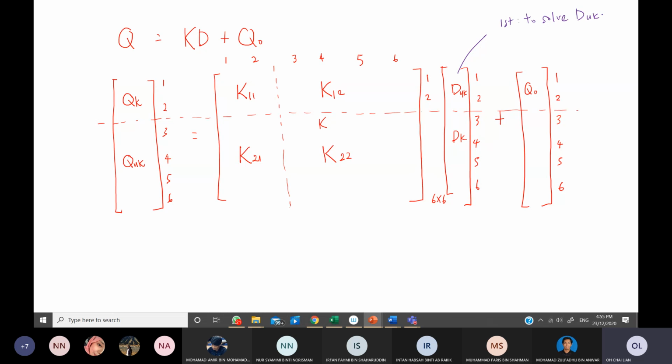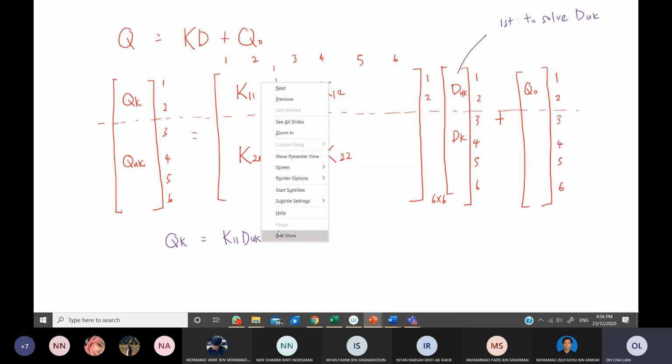How to solve the unknown displacement? We need to establish a simultaneous equation. You can get this equation out: K11 multiplied by D unknown plus K12 multiplied by D known. This is how you multiply the matrix and the vector.